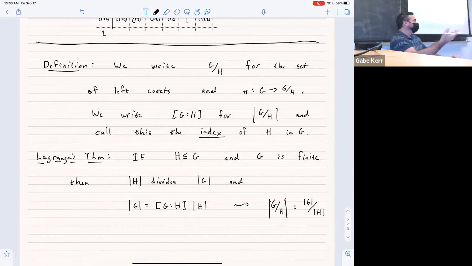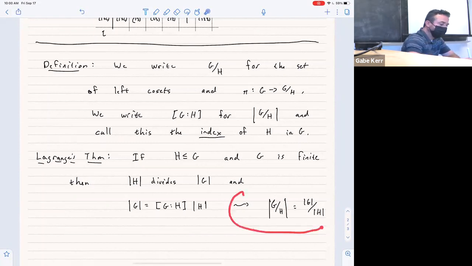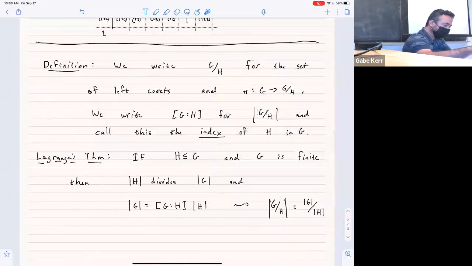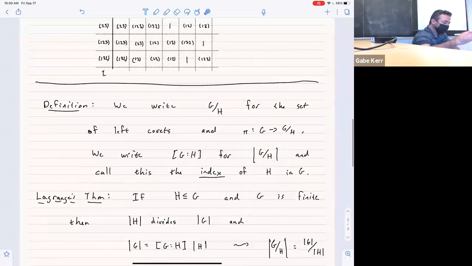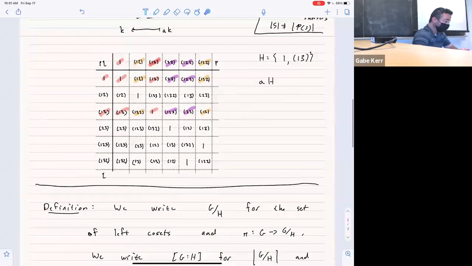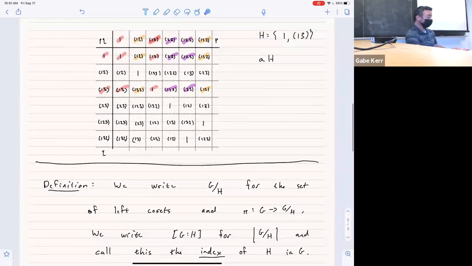Can you explain again the index? So the index is just the number of left cosets. In the example we looked at, the index of this subgroup is 3, because I have 1, 2, 3 left cosets. It's just the number of left cosets, that's it.